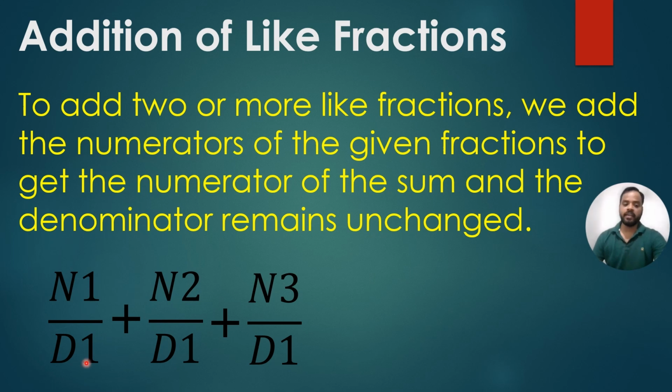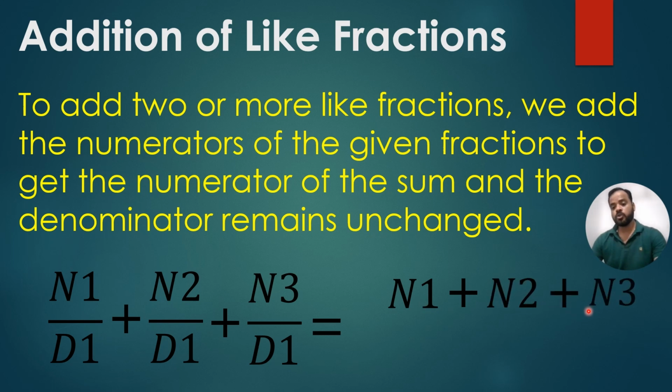So n1 by d1 is the first fraction, n2 by d1 is the second fraction, and n3 by d1 is the third fraction. Look, the denominator of all these fractions is the same. So to get the sum of these three like fractions, we add the numerators: numerator 1 plus numerator 2 plus numerator 3.